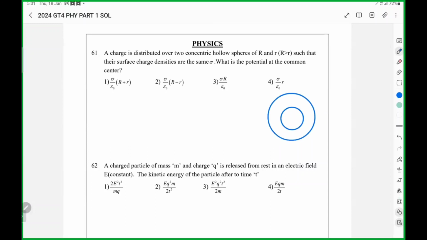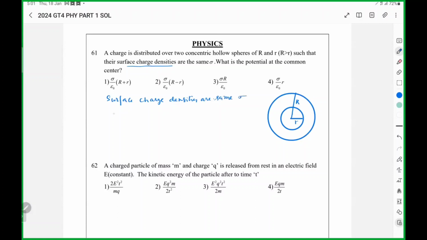One is of radius r, the other is of radius capital R. What is given is the surface charge densities. Surface charge densities are the same, that is sigma.